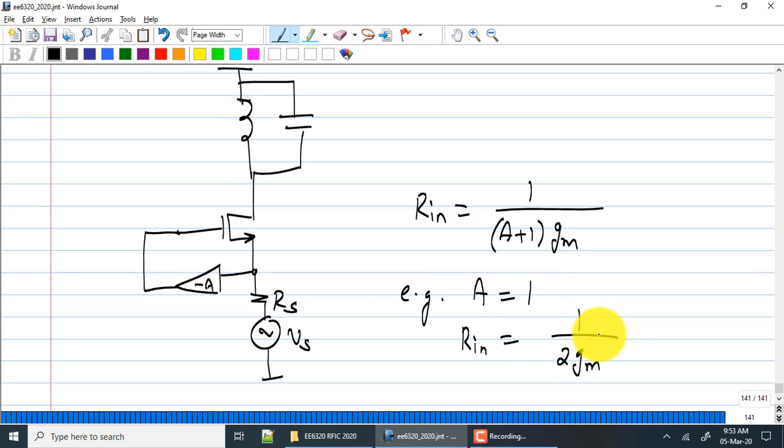Okay. Now the point is, if you don't want to affect the noise, you need to look at two things. You will need to see the effect of this feedback in the common gate LNA on the noise figure. That's number one. You want to see whether this negative feedback is improving noise or degrading noise.